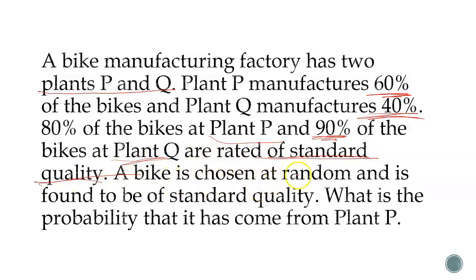A bike is chosen at random and is found to be of standard quality. What is the probability that it has come from plant P?